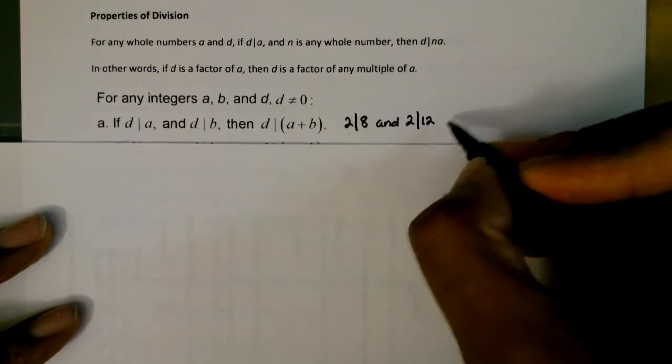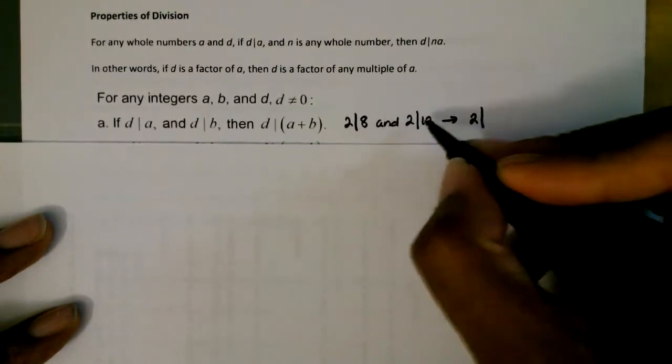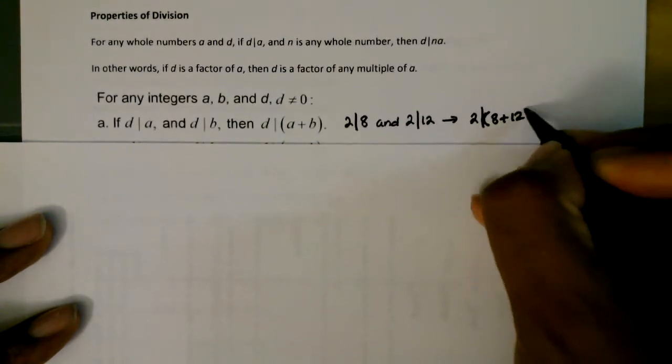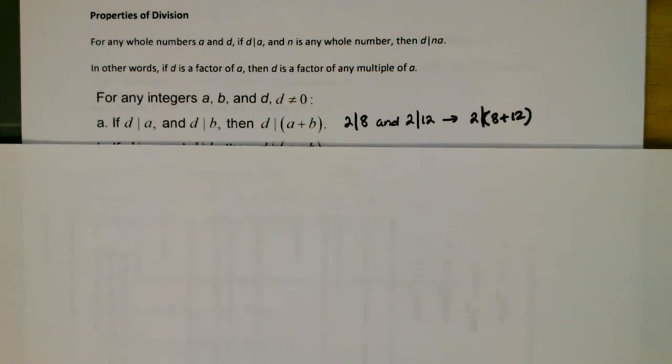That's going to be true. Then what that means is 2 will divide the sum of 8 and 12. And if you add 8 and 12 together, you will get 20. And 2 does divide 20. So that's what that first property states, part A.